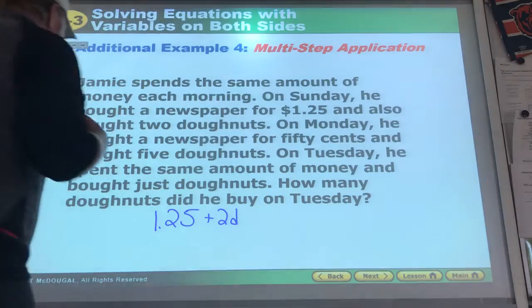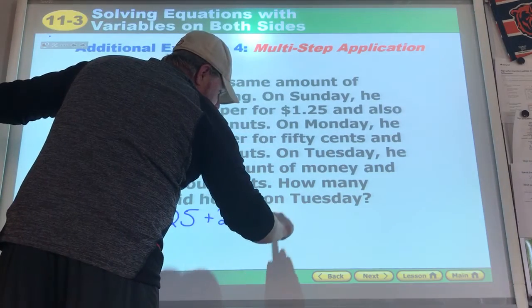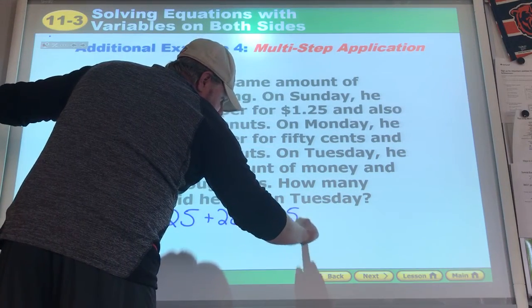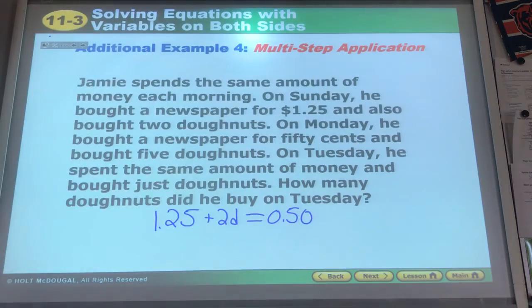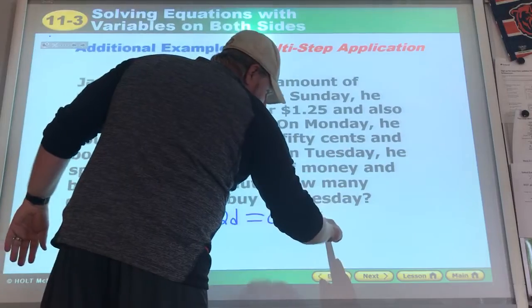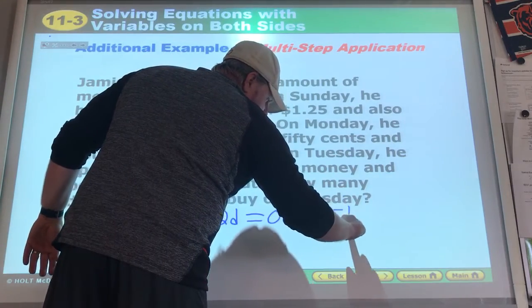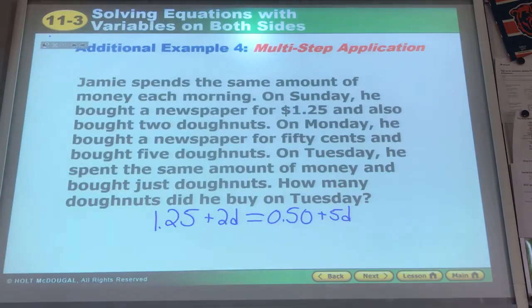Then on Monday, he bought a newspaper for 50 cents. I would write it as a decimal. And he bought 5 donuts. And he spent the same amount of money. All right. From there, we can figure out what the cost of each donut is.